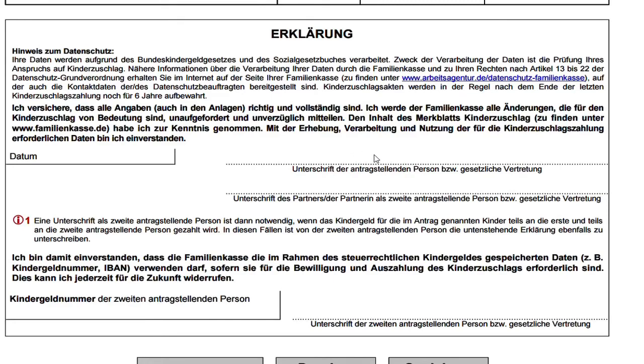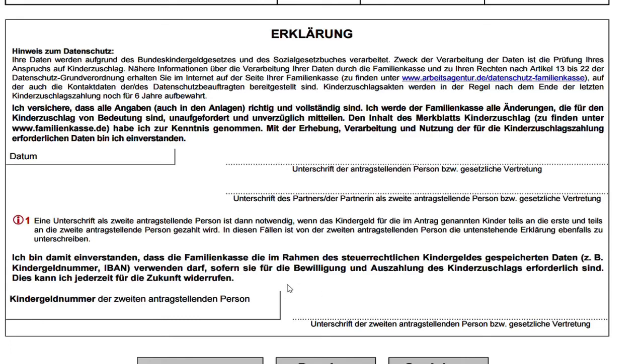If part of the child benefit goes to you as an applicant and part of it goes to your partner or to the other parent of the child, the other parent should sign here as the second applicant, or his or her legal representative should sign here. And in this case, the part below should also be signed by the second applicant.